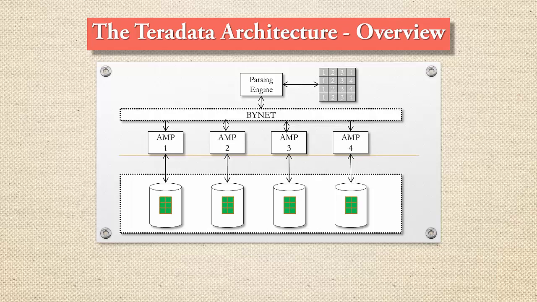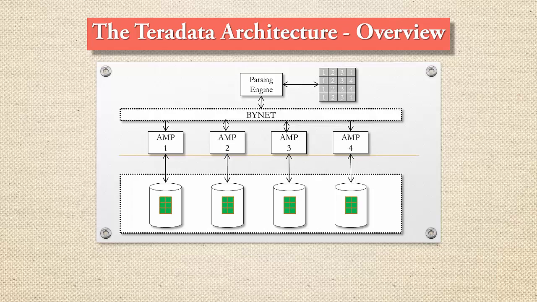The parsing engine, with the row hash value now finished at hand, uses the hash map to derive which amp a particular row shall go to. We have represented the hash map in our slide here as a small gray rectangle with numbers attached to it. The hash map is always present on every amp in the amp's memory, the FSG cache. How do we translate from a particular row hash value to the information which amp we shall take and which amp we shall store to?